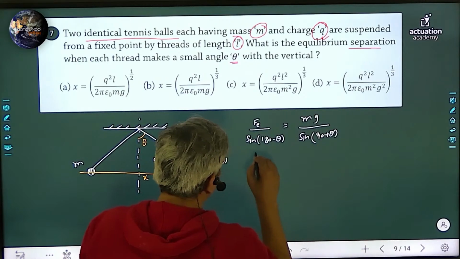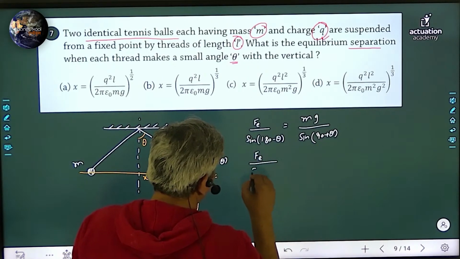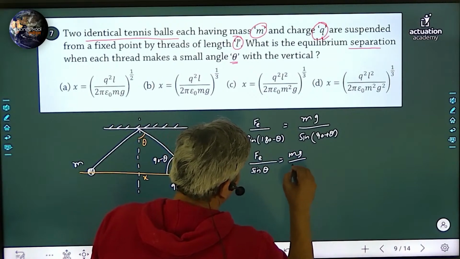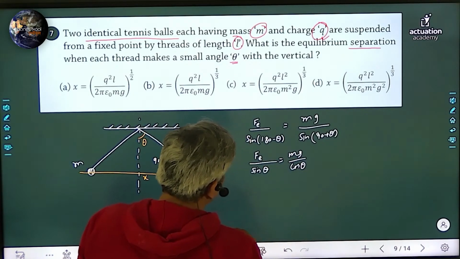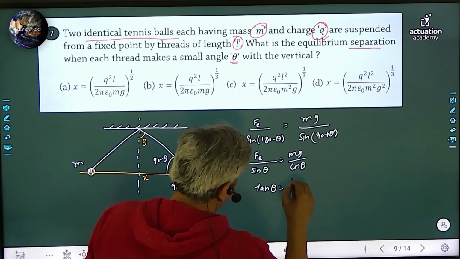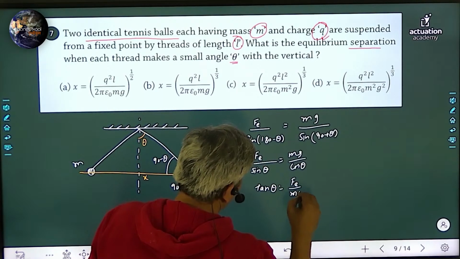So this can be written as Fe over sine theta equals mg over cos theta. So tan theta is equal to Fe over mg.